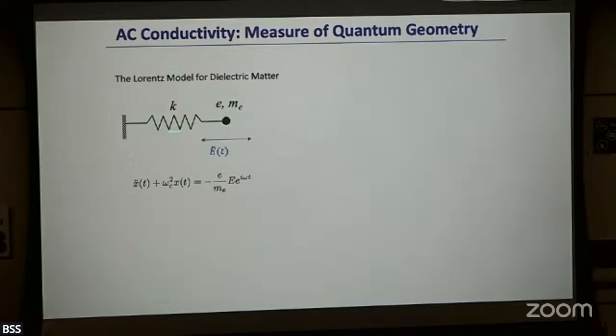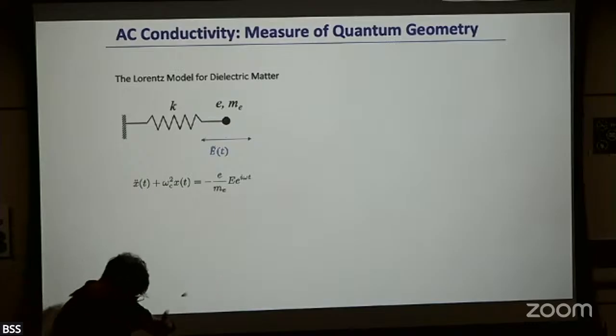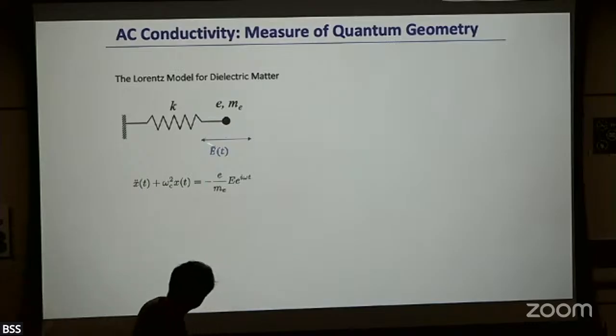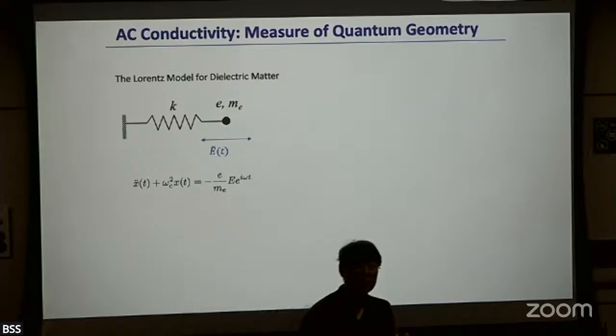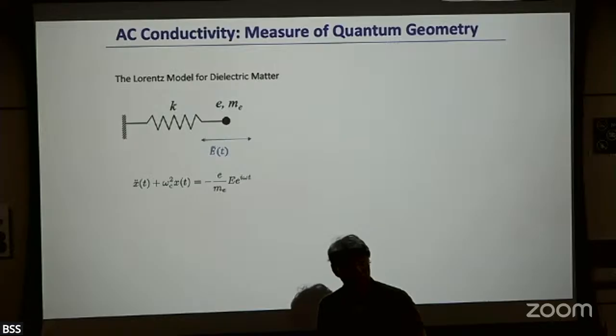It's bound with some spring constant, so it will be oscillating with some natural frequency. I apply an AC electric field, and the oscillator will oscillate, and because the charged object is oscillating, I can define the current. I have the electric field and the current, and you can ask: what is the conductivity of this system?